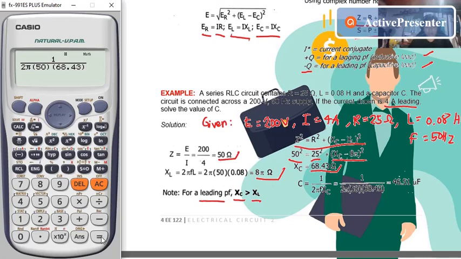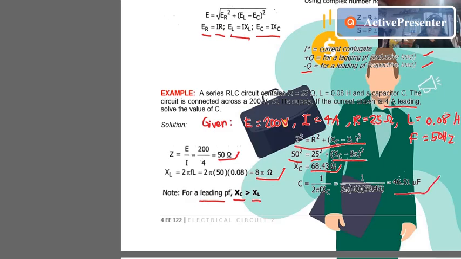So the value of the capacitor C is 46.51 microfarad. So our final answer will be 46.51 microfarad.